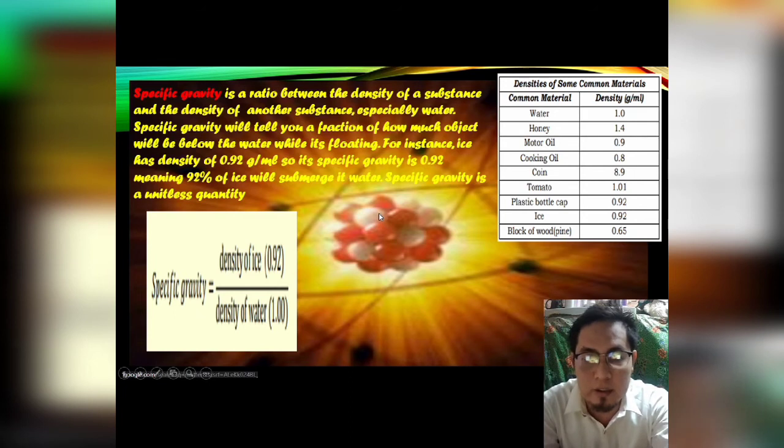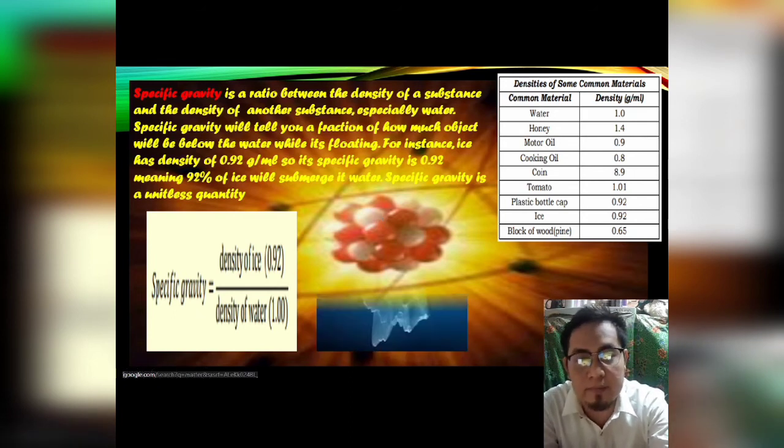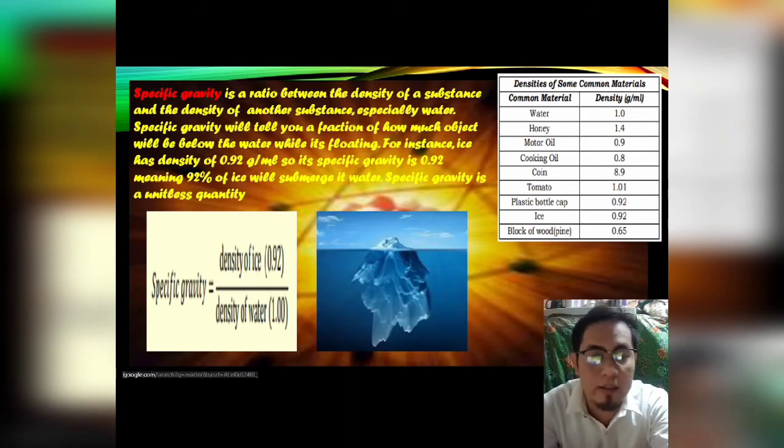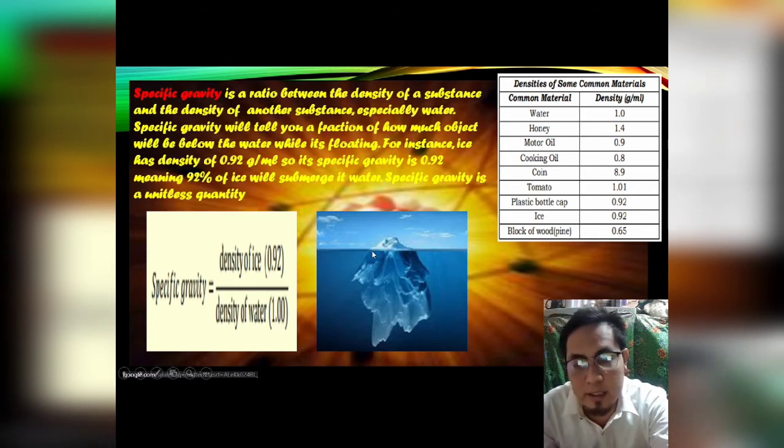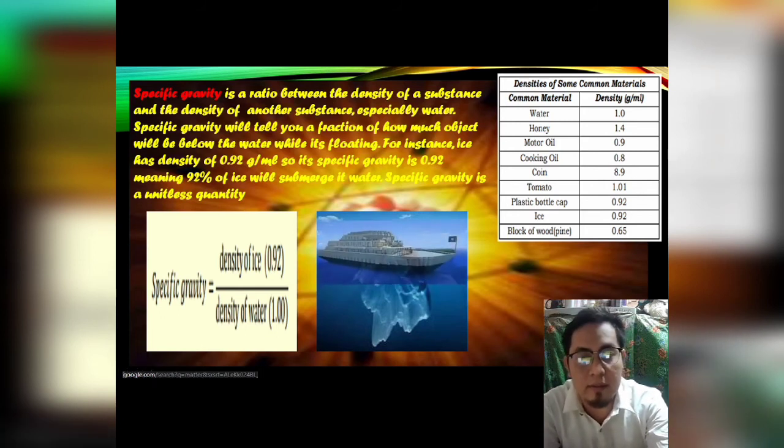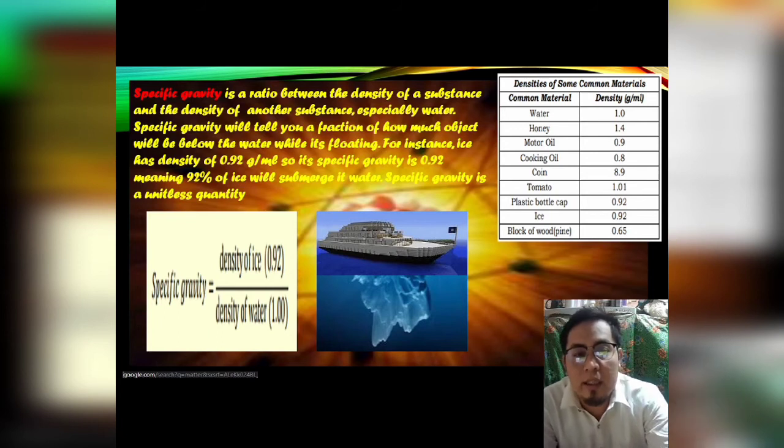Okay, so this is an example of this one. Iceberg. You will notice an iceberg, 92% is submerged in water, then 8% is floating. Okay. Sir, how about this one?